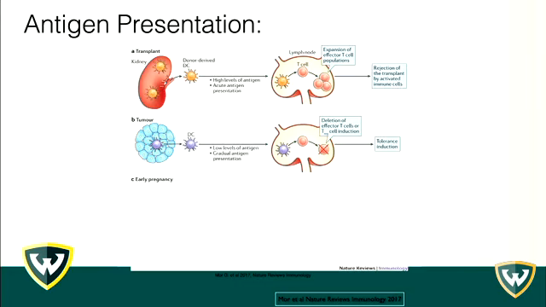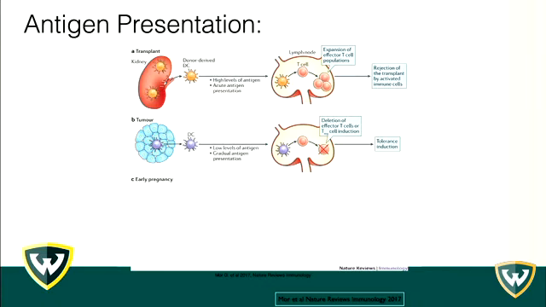When they migrate into the host, together with a high amount of antigens, they will present to the T cells in the lymph nodes, and they will do what is called the classical immune activation: expansion of effector T cells, activation of cytolytic T cells, recognition of those antigens, and then it will lead to the rejection of the transplant.